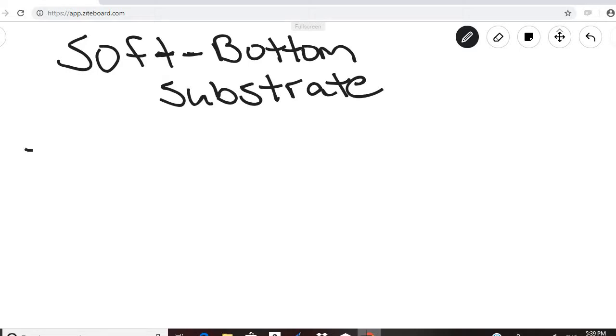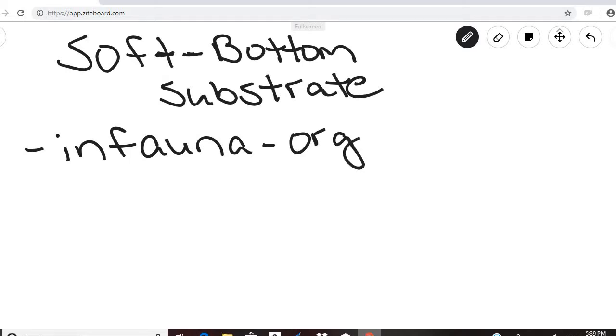A couple of terms that you need to know. One is infauna, and infauna are those organisms that are buried in the sediment.